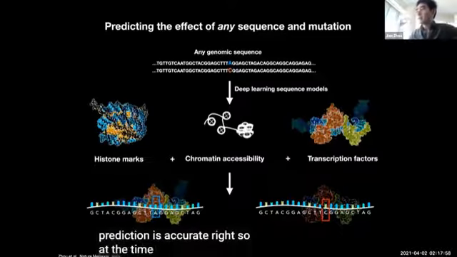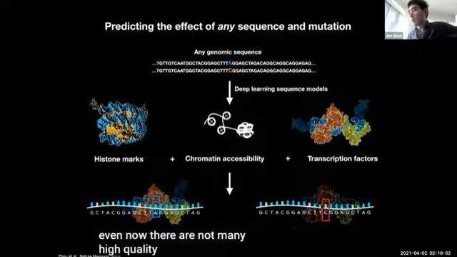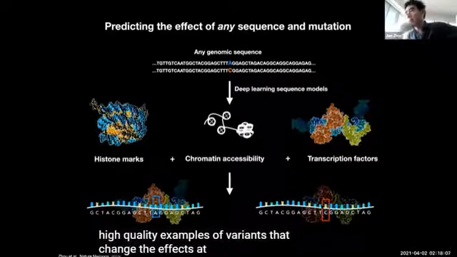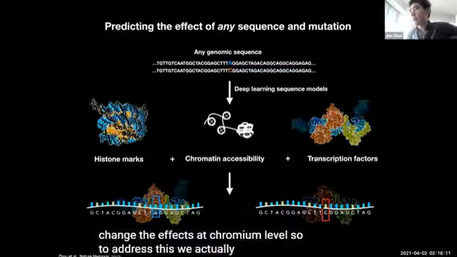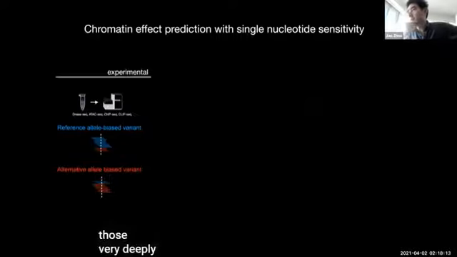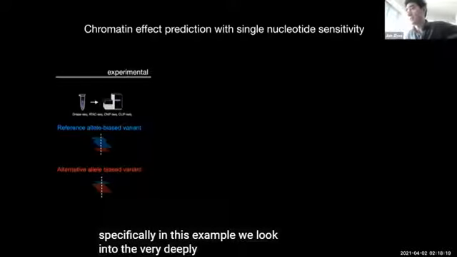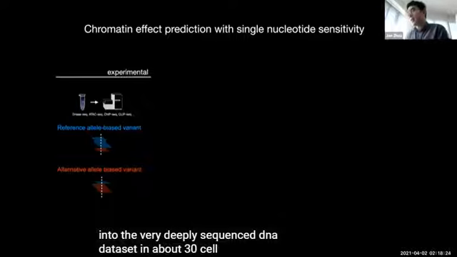At the time, there were not many, and actually even now there are not many, high quality examples of variants that change the effects at the chromatin level. To address this, we looked into very deeply sequenced genomic data sets. Specifically in this example, we looked into a very deeply sequenced DNA-seq data set in about 30 cell types.